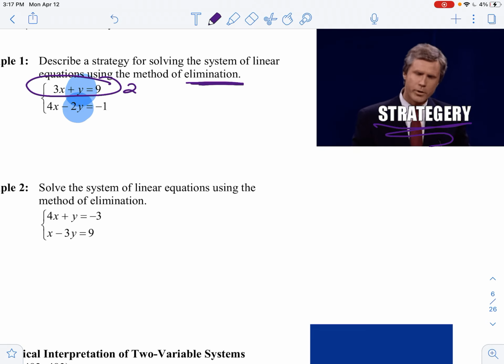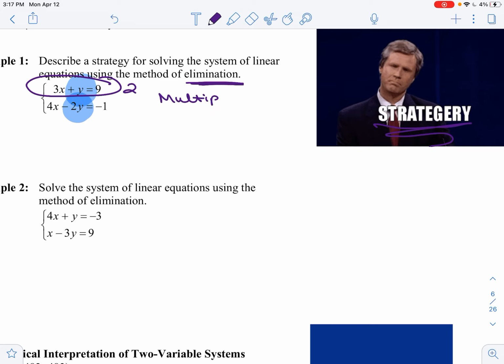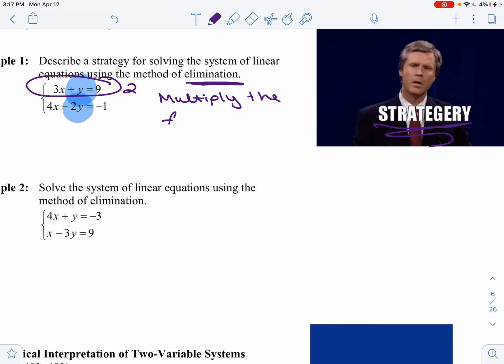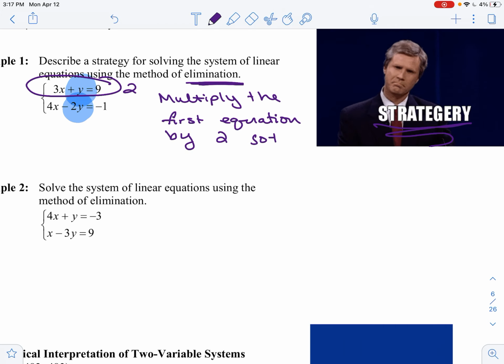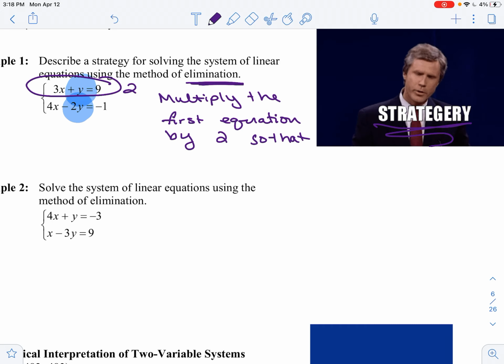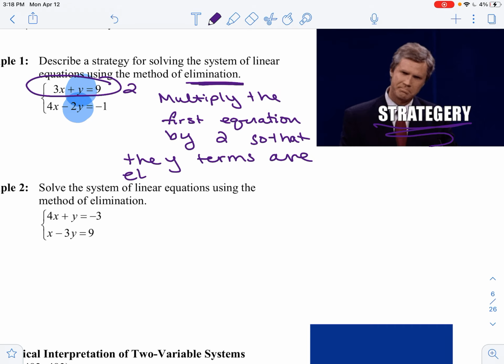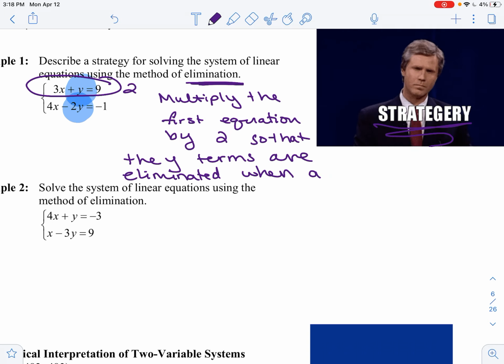And we know we're looking for the same coefficient with opposite signs. So describing it, I would multiply the first equation by 2 so that the y terms are eliminated when being added. Okay, so that's just the first step of elimination.